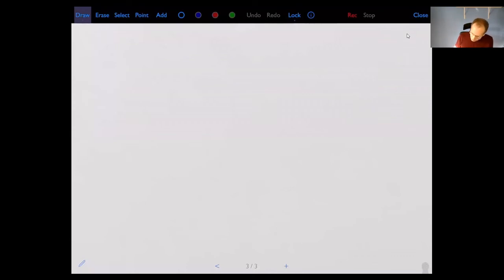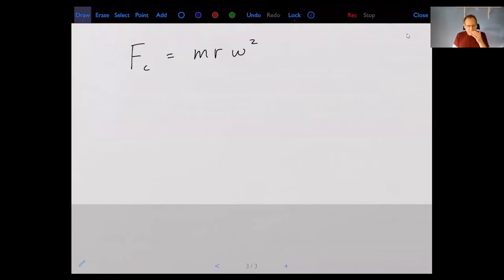Okay, so remember the formula for the centripetal force was m times r omega squared. And this question asked, how does the centripetal force depend on the angular speed if you have a constant radius?